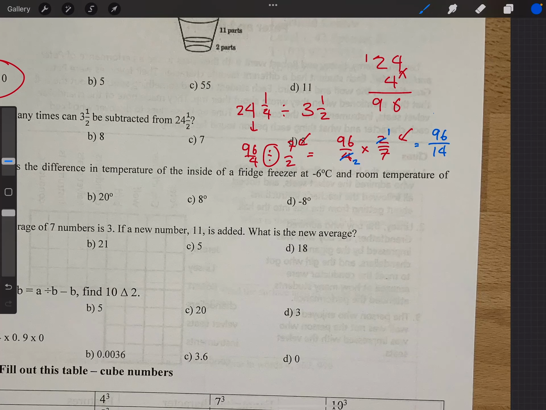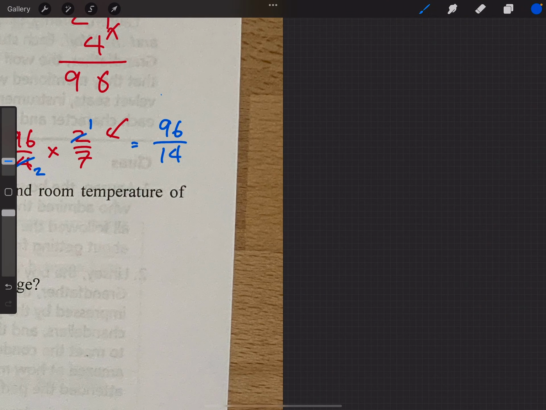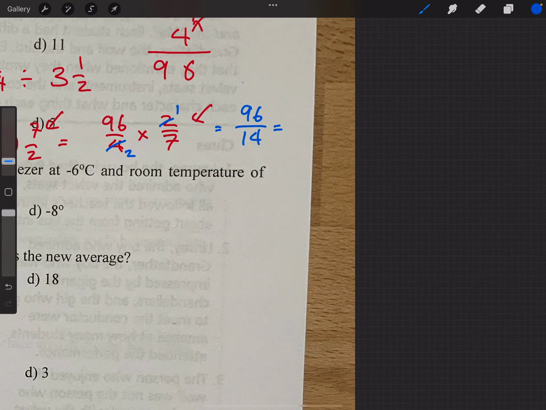How many 14s in 96? Oh wait, hold on. Oh, right. I can simplify this a bit further. Divide top and bottom by 2. We get 48, and divided by 2, you get 7.